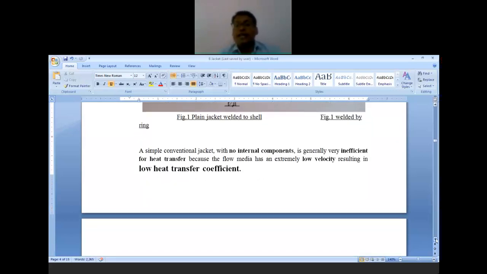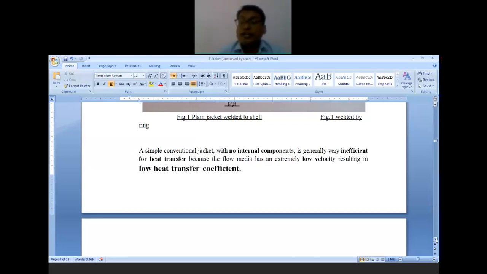A simple conventional jacket with no internal components. Generally it has no internals, that means no baffles or separators are used. In general it is very inefficient for heat transfer. To create a better heat transfer, you need to create turbulence, or the velocity should be high.